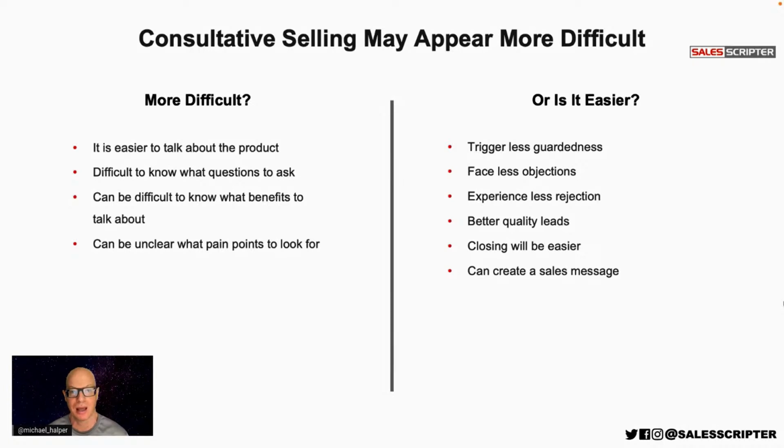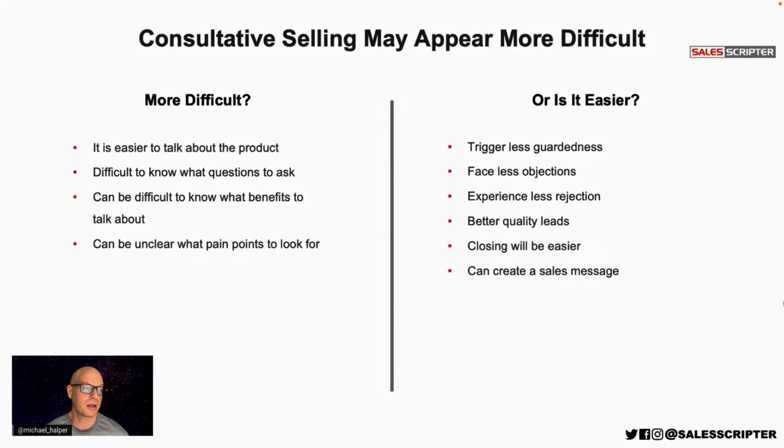What problems does that make go away? You put that brainstorming and those thoughts into a sales message, and then you use that sales message to create your cold call script or your email messages or your objection responses. And then that can reduce the challenge of what's more difficult with consultative selling, which is figuring out what questions to ask or what to say. The process of stopping and organizing that on the front end can decrease that.